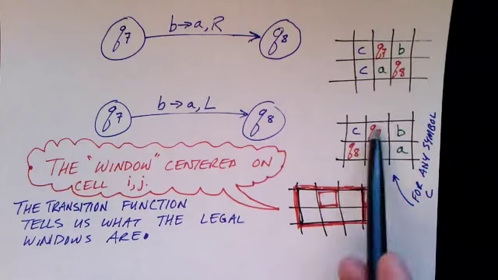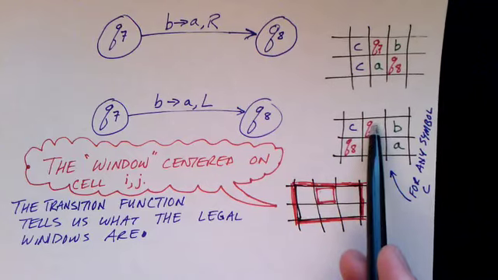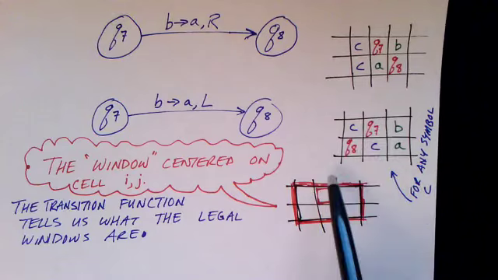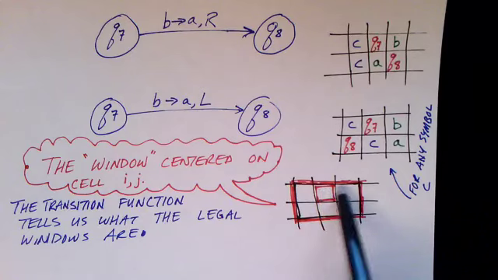So if we can center ourselves on this cell right here, we'll call that one the cell ij for now, and the transition function tells us what is legal to find in the cells surrounding cell ij. So we'll call that a window that's centered on cell ij.